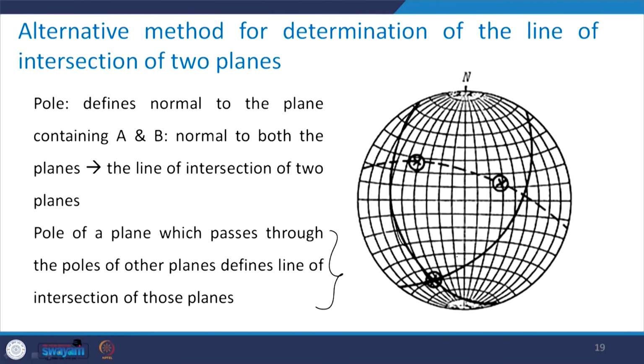You see, it is one and the same thing. In the previous way, we first obtained these two great circles, and wherever they intersected, that gave me the line of intersection of the two planes, and using the two poles, again we found the same point as the line of intersection of the two planes.